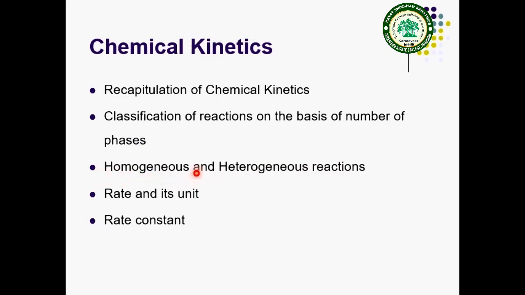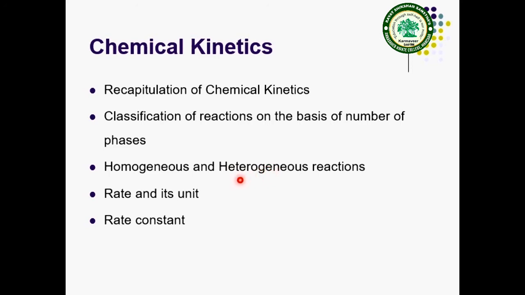Homogeneous reaction means the reactions in which all the reactants as well as products are in one and the same phase. While in heterogeneous reactions, one of the reactant or the product, they are in different phases.